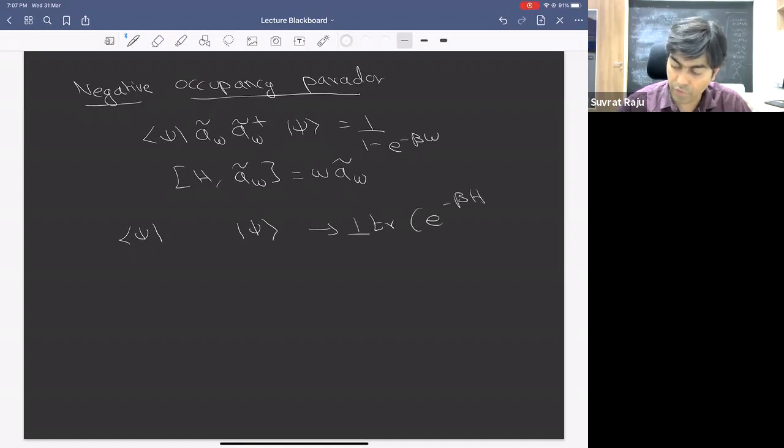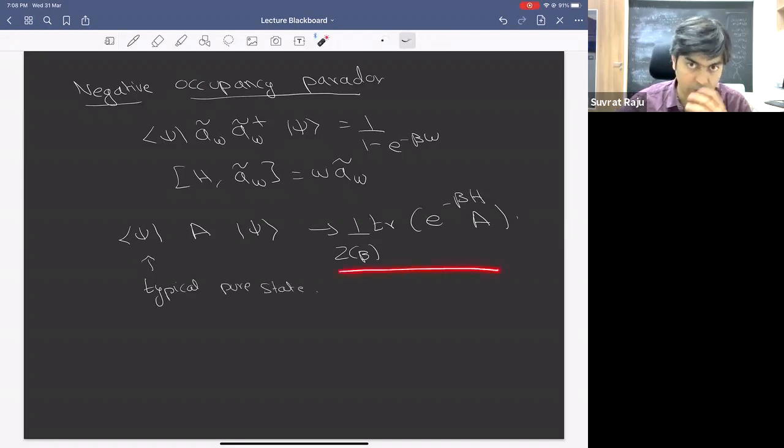Therefore, if you're measuring the correlator of any operator in a typical pure state, you can also compute what you expect by just computing the expectation value in the canonical ensemble. In fact, what we proved was that it's the same as the expectation value in the microcanonical ensemble. When you go from the canonical to the microcanonical ensemble, you'll get some powers of 1 over square root s. But we are not bothered about those powers of 1 over s or power law corrections in s.